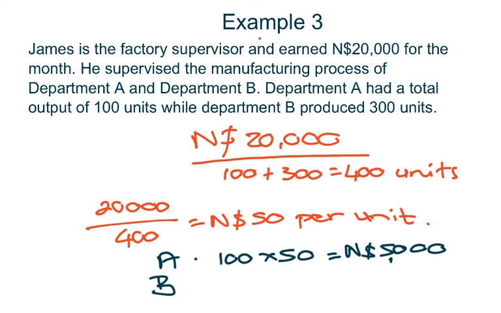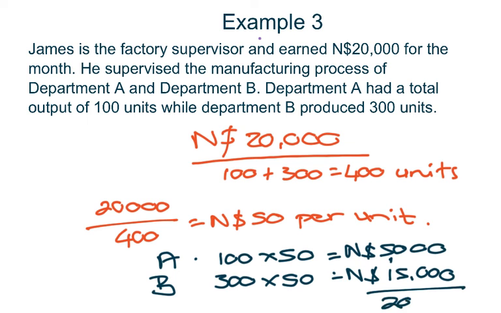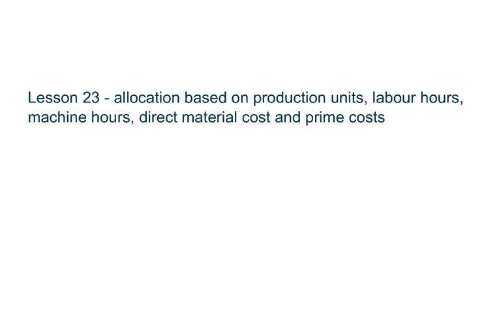Department B had a total of 300 units times 50 equals 15,000. All right, there in total I have the 20,000, and I just allocated the total salary of 20,000 into Department A and B. In lesson 23, we will then look at the allocation based on production units, labor hours, machine hours, direct material cost, and prime cost.